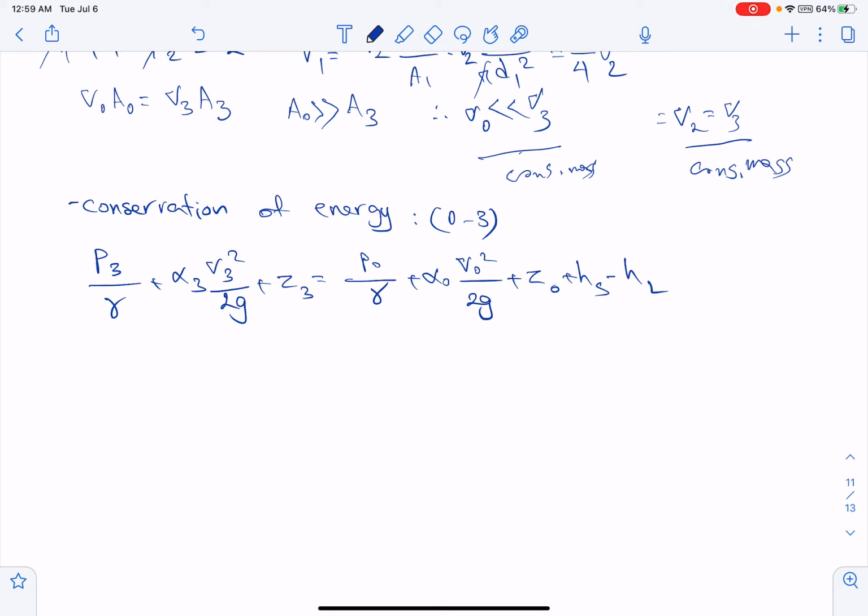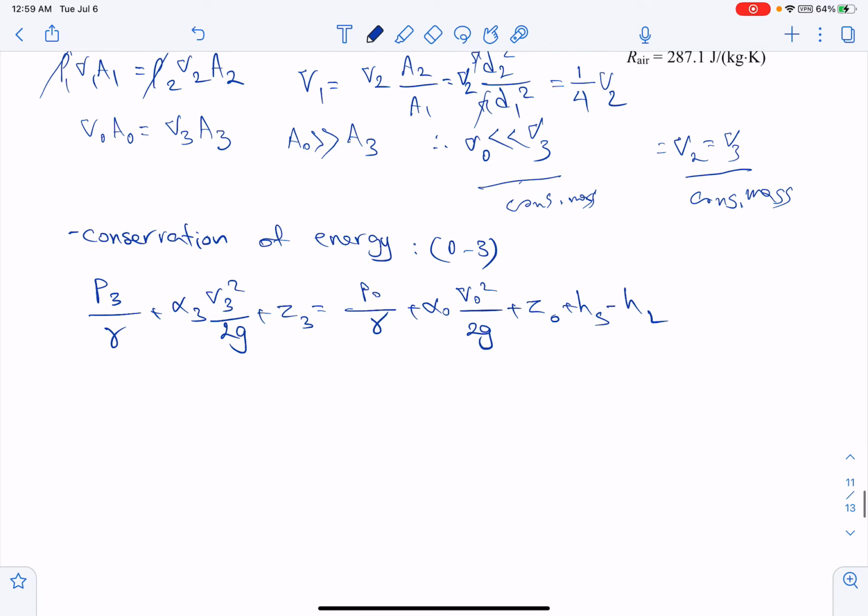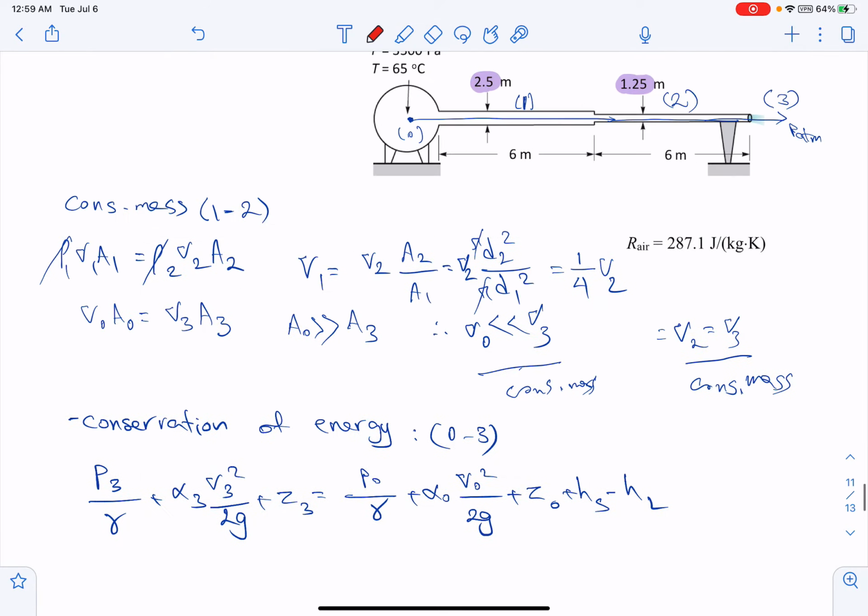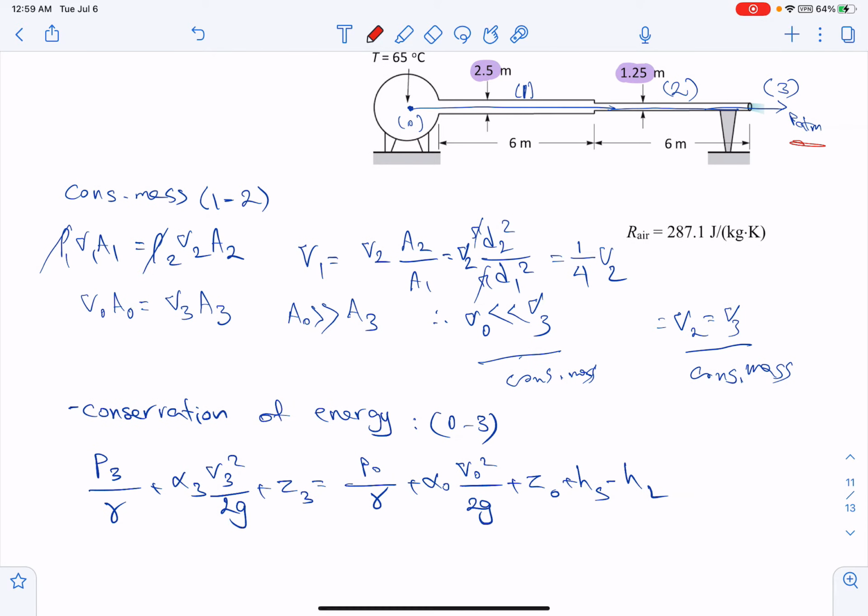If we want to simplify, we know that P3 is atmospheric pressure, so this term is going to be 0.